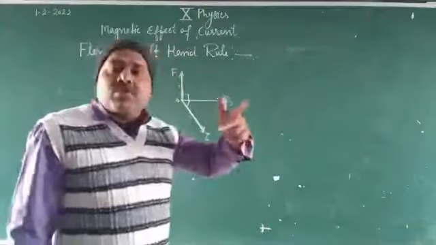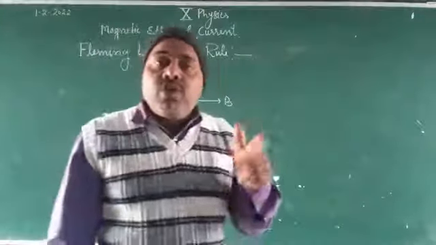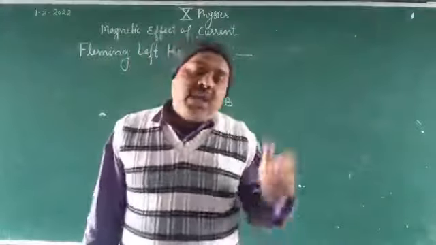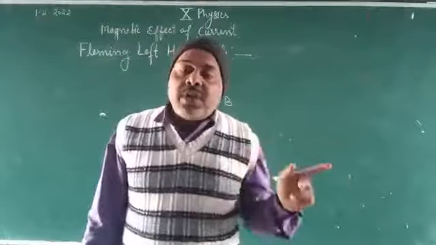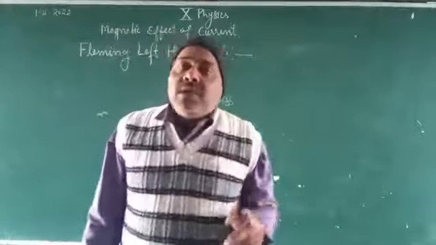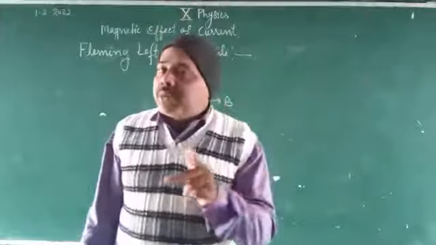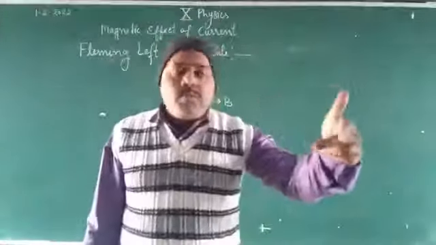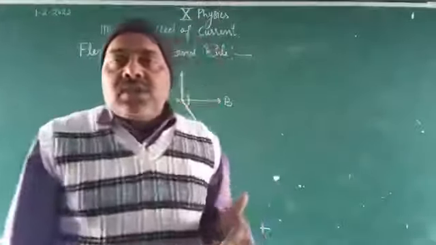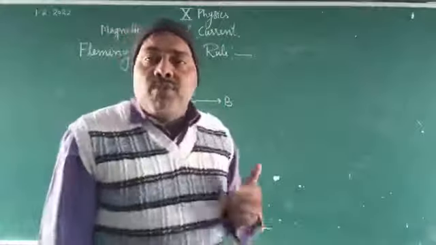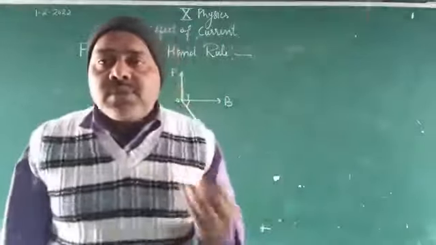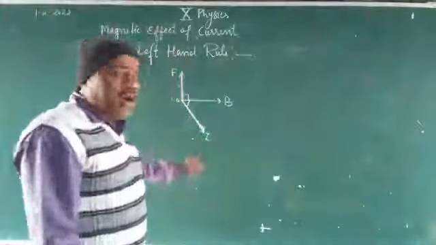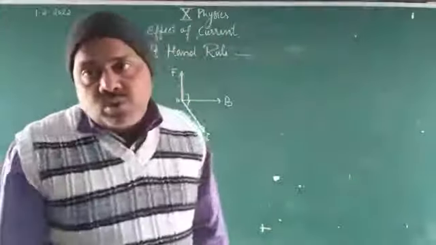Because when we stretch our three fingers in such a way, they are mutually perpendicular to each other, then our first finger is pointing in the direction of magnetic field and the central finger is pointing in the direction of current. Then our thumb gives us the direction of force or the direction of motion of conductor. This is called Fleming left hand rule.